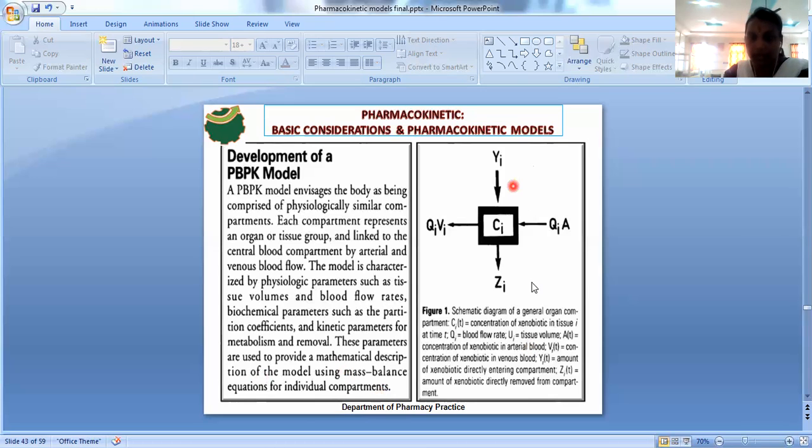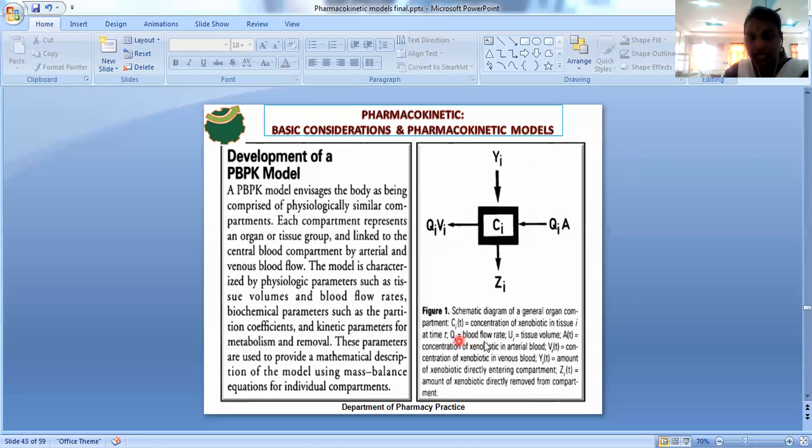What does this schematic diagram indicate? First one is the C. C is the concentration of the metabolite or the drug in a particular tissue i with time t. Whatever the tissue it may be, that concentration of the xenobiotic, that concentration of the drug in the tissue, is given by C. And here Q indicates the blood flow rate, through the artery or through the vein, whatever it may be.